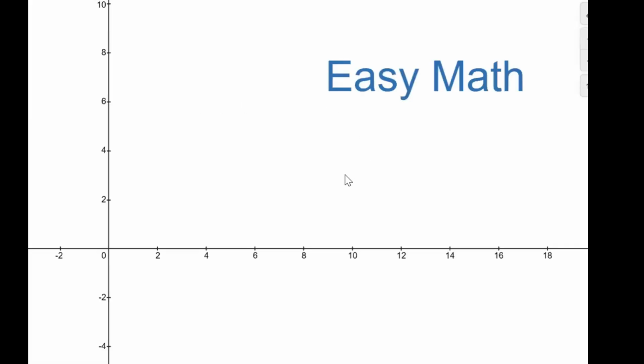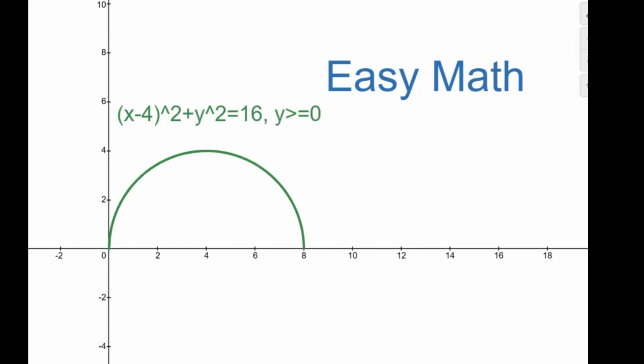Now I use the dynamic video to show the change of the area of the rectangle inscribed in the semicircle. This one is the semicircle above the x-axis.